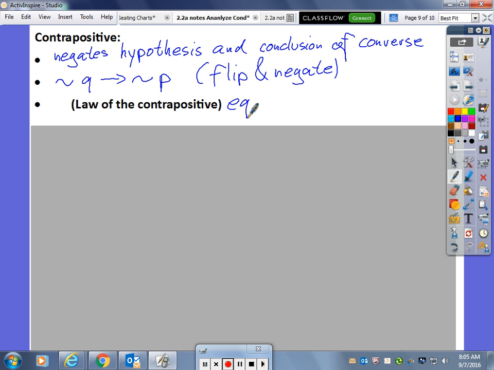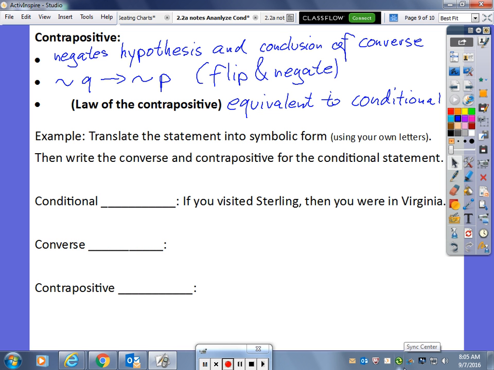It's equivalent to the conditional, in other words, the initial statement. And also here we have a couple of examples. Translate the statement into symbolic form once again, and then we're going to write the converse and the contrapositive.